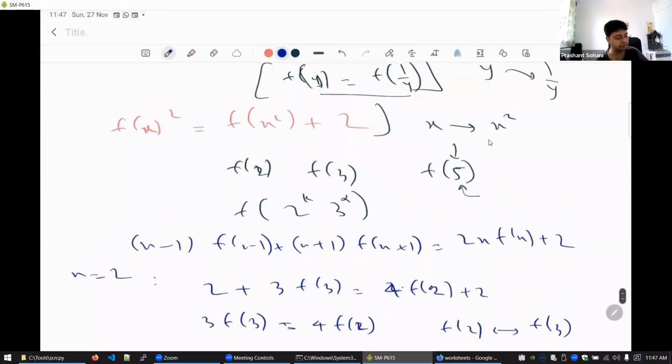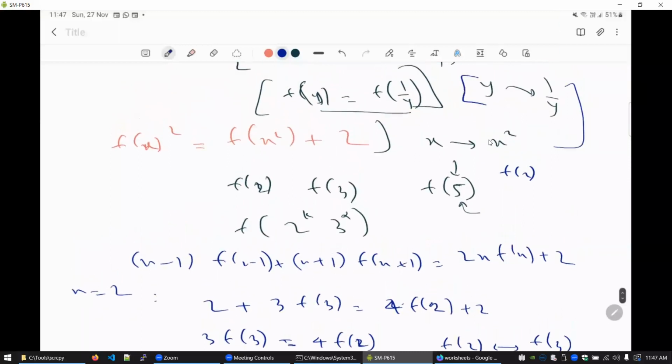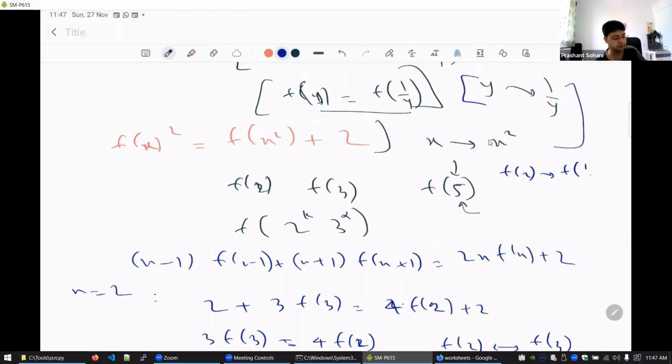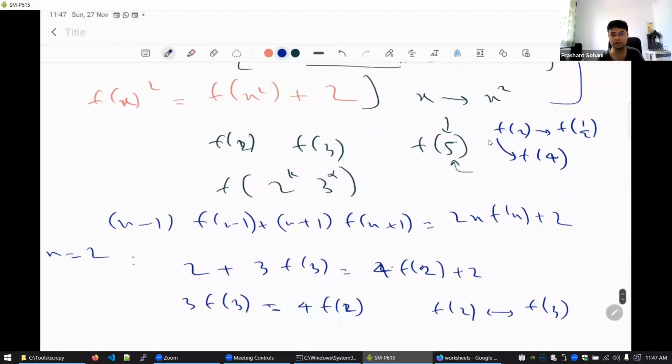From the information that we already found, if you know f of 2, what else can you relate it to? From these two, f of 1 by 2, correct, and f of 4. So you see the first equation gives us a way to go from f of 2 to f of 4. Suppose the second equation gives you one more way to reach f of 2 from f of 4. Then you'll have two equations and two unknowns.